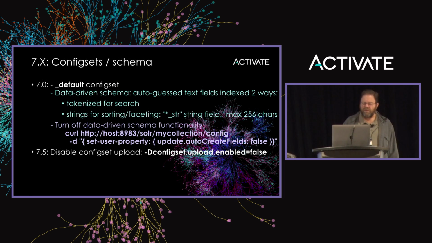There's an example there that you just set a user property using the config API, update.autoCreateFields set to false. In 7.5, it's possible to disable config set upload, and there's an example of the sysprop you can give, configset.upload.enabled set to false when you start up a node.